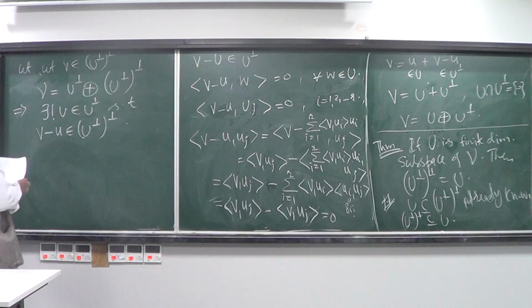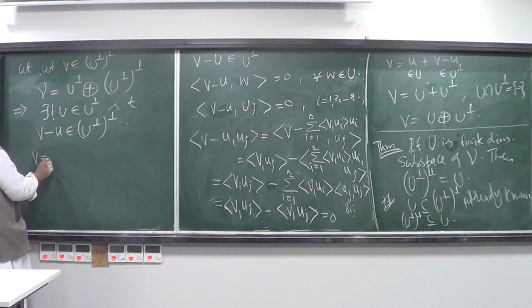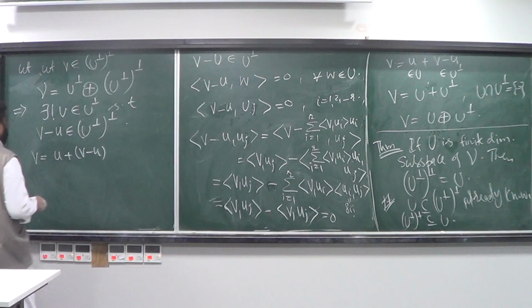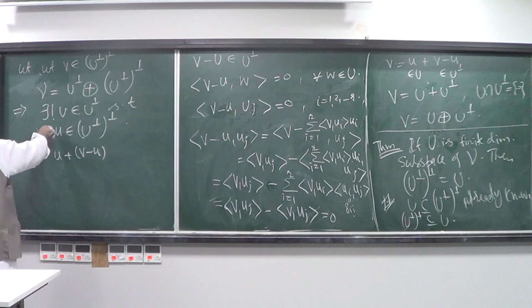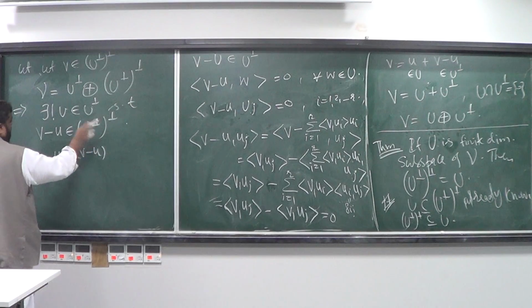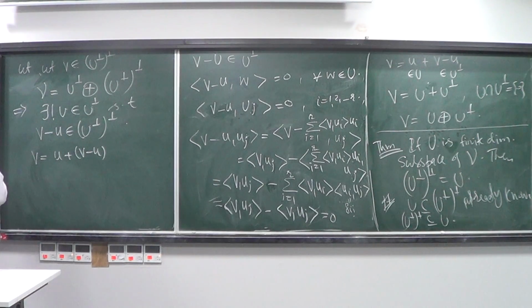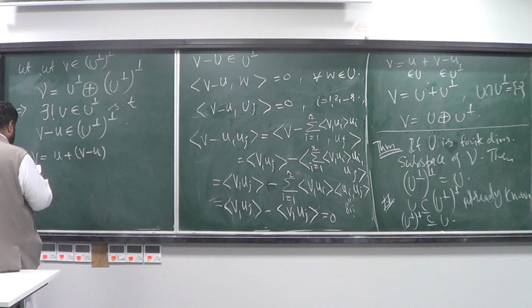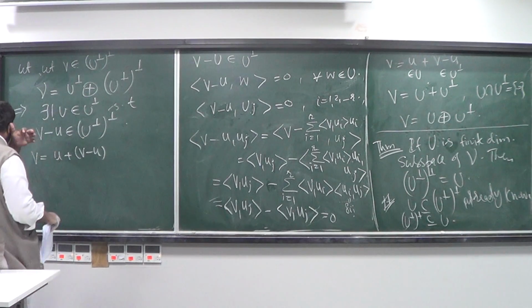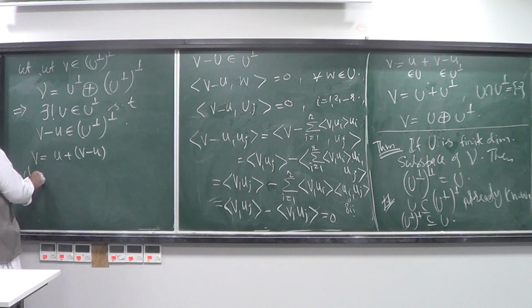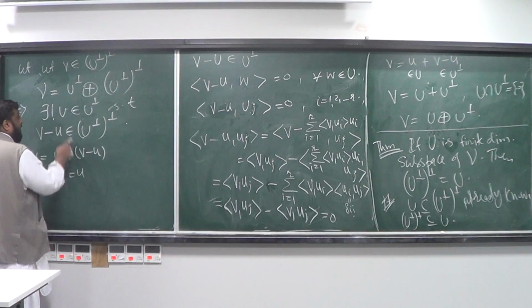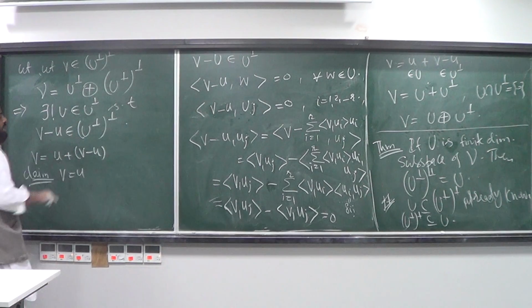I know that v can be written as u plus v minus u, where u is an element of U perp and v minus u is an element of U perp of the perp. My claim is that this v must be equal to u. If v is equal to u and u is in U perp, that means v is in U perp.